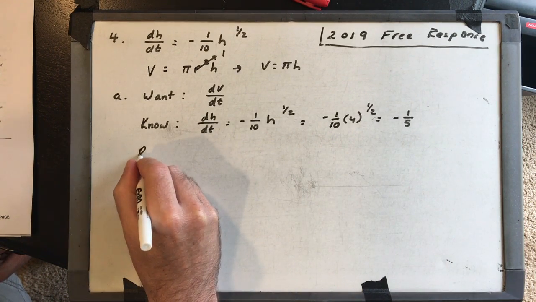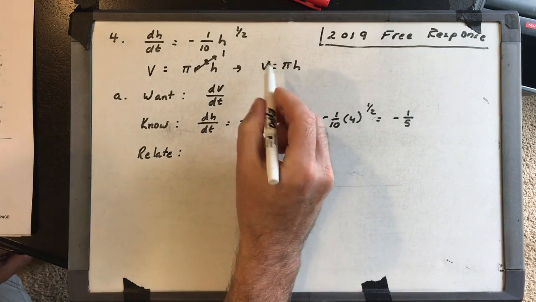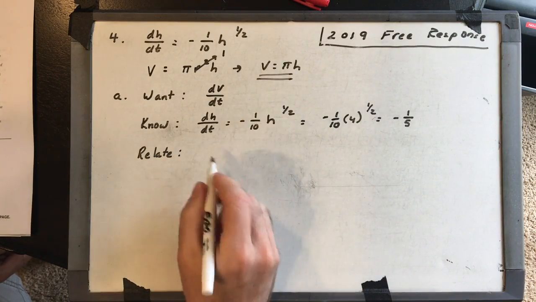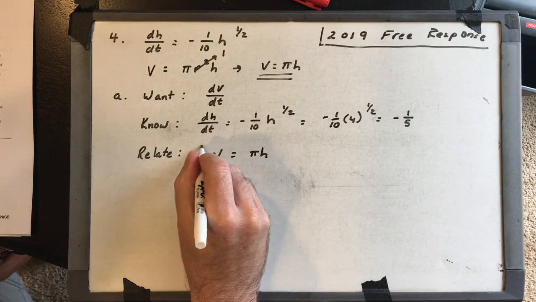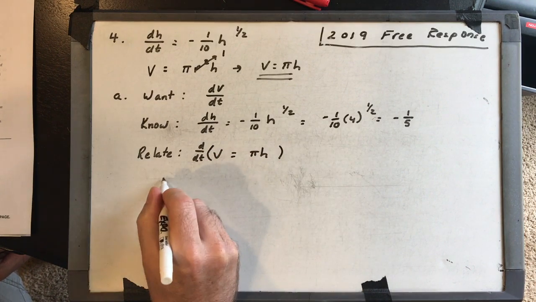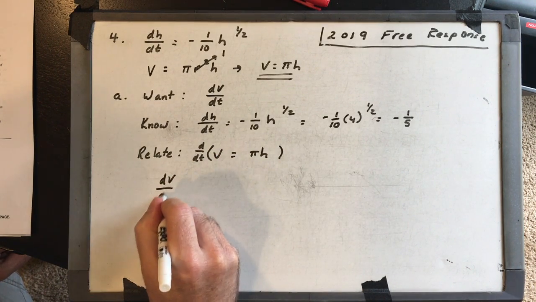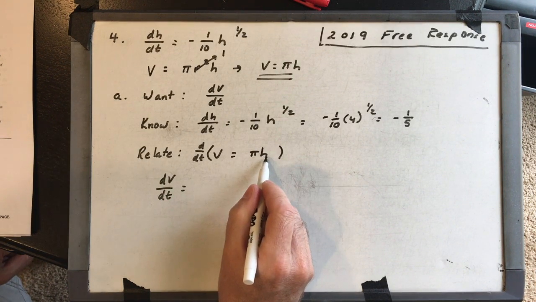And then we've got to relate what we want to what we know. If volume is equal to pi h, and we differentiate that with respect to time, we have dV/dt equals, what's the derivative of h?